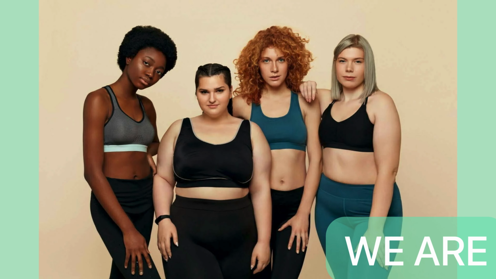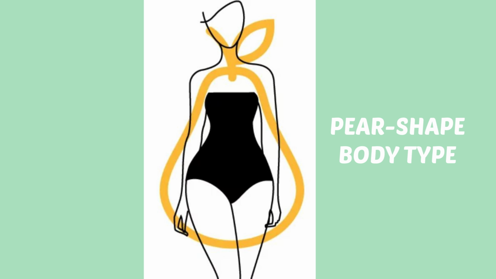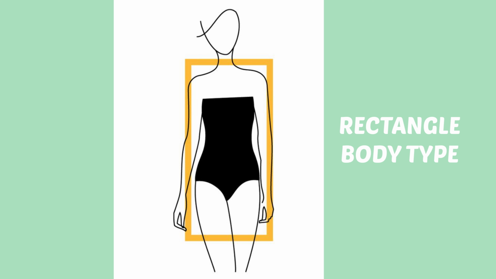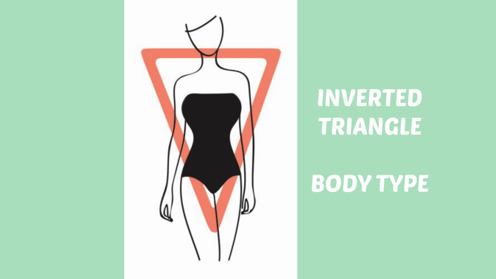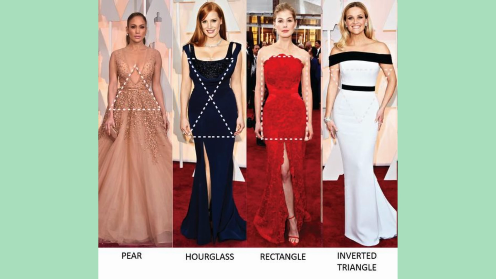Number one is hourglass, apple shape, pear shape, rectangular shape, and last, inverted triangle body type. Now that we have a good understanding of body types, let's move on to the fun part, exploring different kaftan styles that suit each body type.